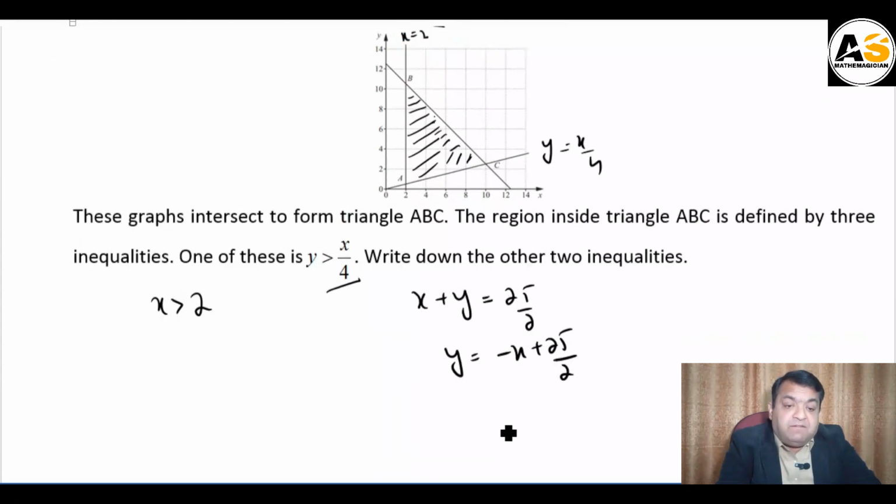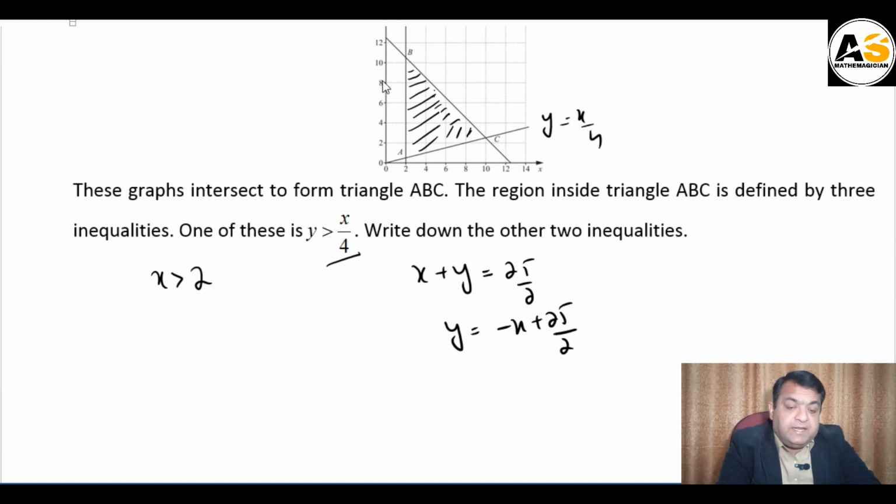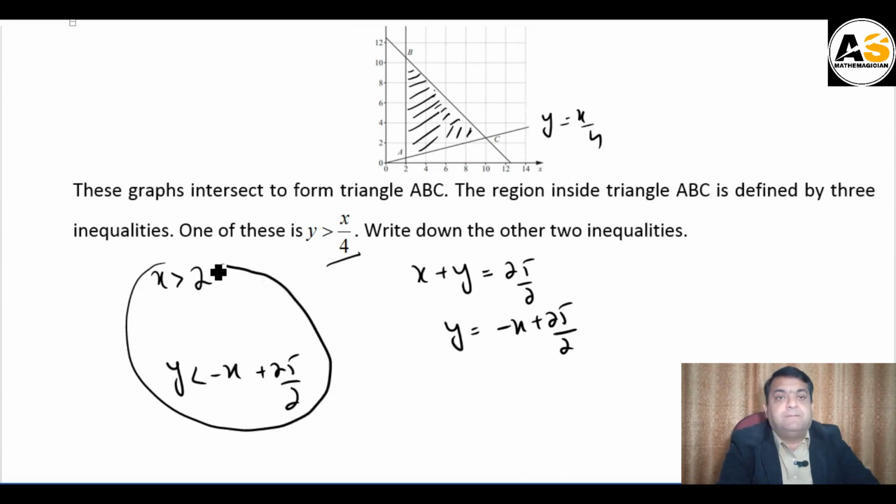So the region below this line on this side will be y is less than minus x plus 25 by 2. So these are the two other inequalities. I hope this is clear.